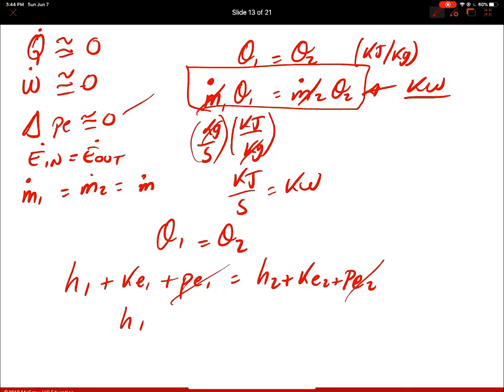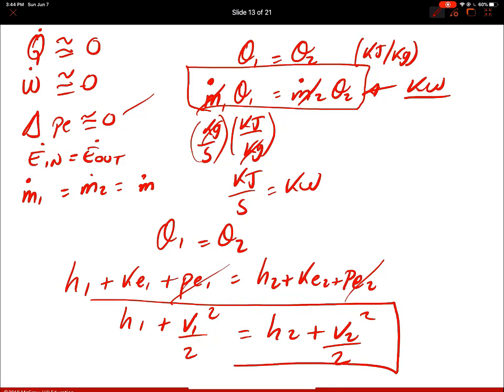So H1 plus V1 squared divided by 2 equals H2 plus V2 squared divided by 2. And that's my general equation for nozzles and diffusers.